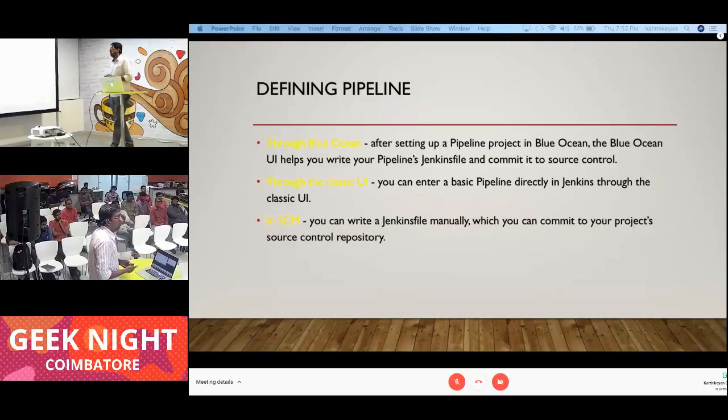So as I was saying, there are multiple types of pipelines. One is, I don't know if you heard about Blue Ocean in Jenkins 2.x. You have this Blue Ocean, which itself has a pipeline project.